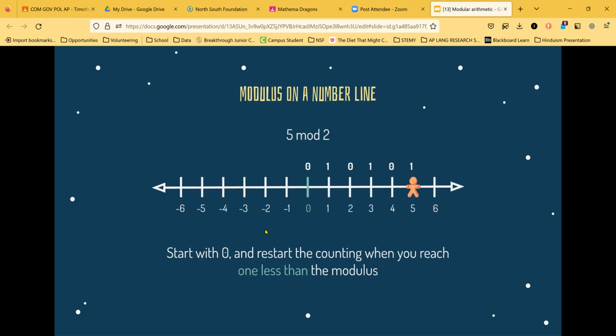So for example, here, if we were trying to do 5 mod 2 on a number line, we could go 2, and then another multiple of 2, and then we're 1 less than 5. So we'd just start our counting from there: 0 is the modulo here, and then 1 is the modulo here.